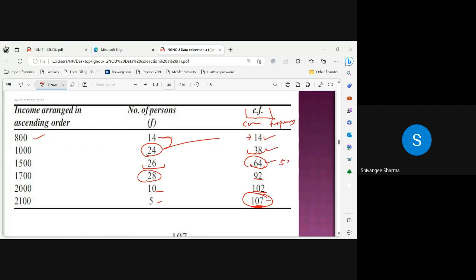So this 53.5 will come in this cumulative frequency. So from here you see that the median for this will be 1500. So first you identify the size of the item, which frequency it is coming in. Then the corresponding value for that will become your median.